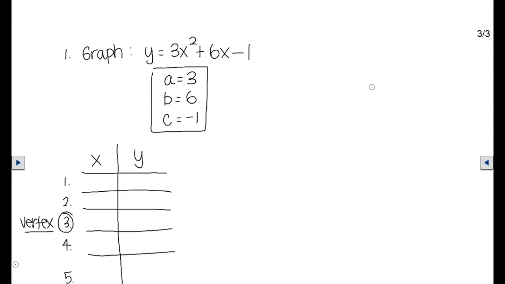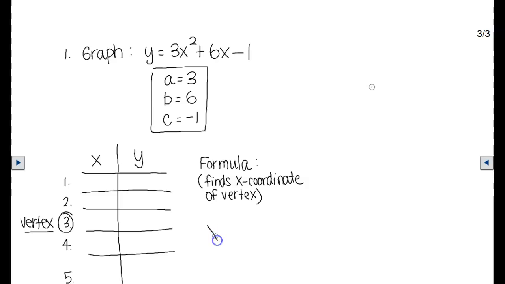Okay, now there is a formula you're going to have to know. And this formula that I'm about to show you will find the x-coordinate of the vertex.